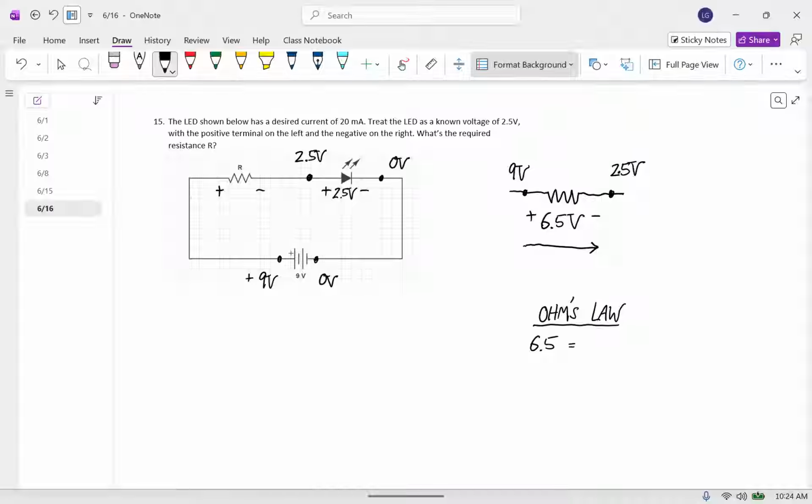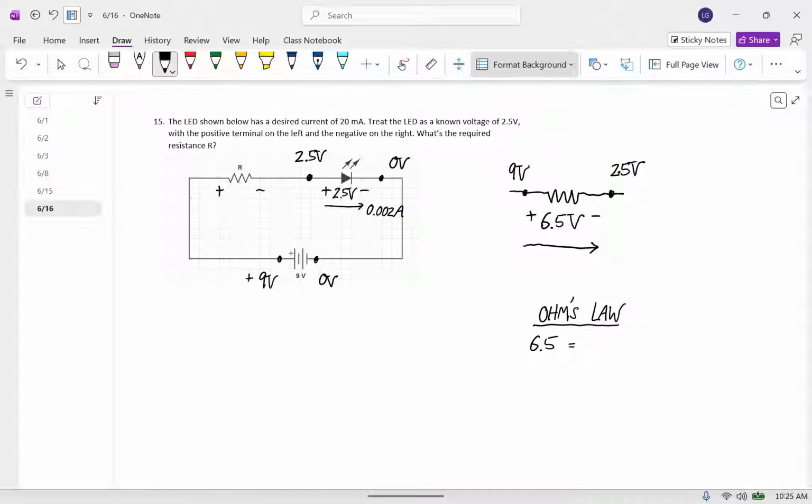There's one other thing going on here. We're using Ohm's law, and Ohm's law refers to resistors. Okay, so we know what the voltage is across the resistor. We know we want the current through the LED to be 20 milliamps. So I'll write that here as 0.002 amps.